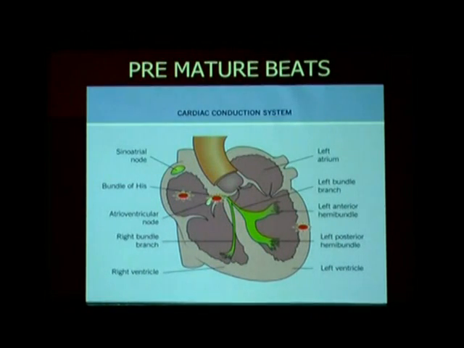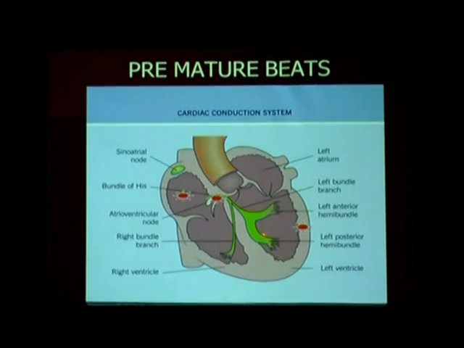If the narrow QRS is not preceded by an abnormal P wave, it is a junctional premature beat. If the QRS complex is wide, it is a ventricular premature beat. A ventricular premature beat is likely to have a complete compensatory pause, and a supraventricular ectopic is likely to have an incomplete compensatory pause. So this is about the ventricular premature beats.